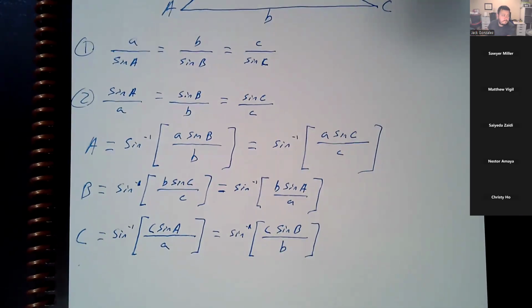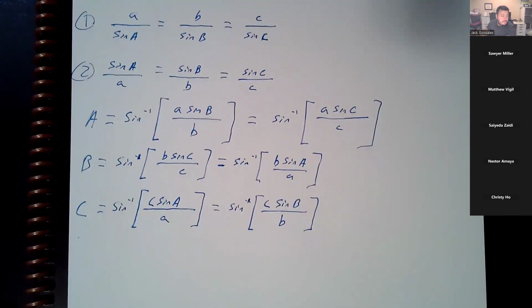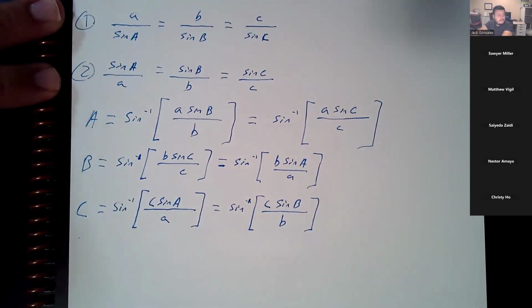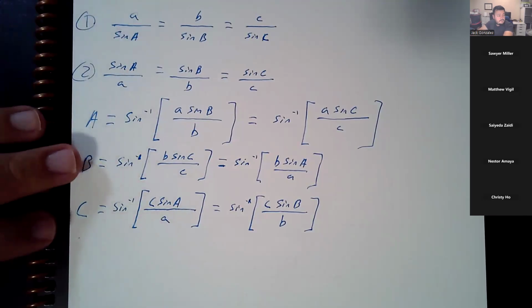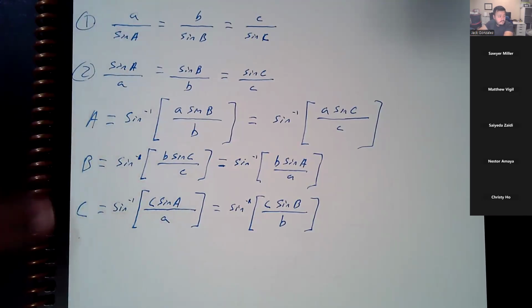There we go. All right. So we're going to use these. Some of these main ones are also on your formula sheet. I just solved for A, B, and C on all the possible cases. So you can just plug in numbers and you'll get what you need, right?